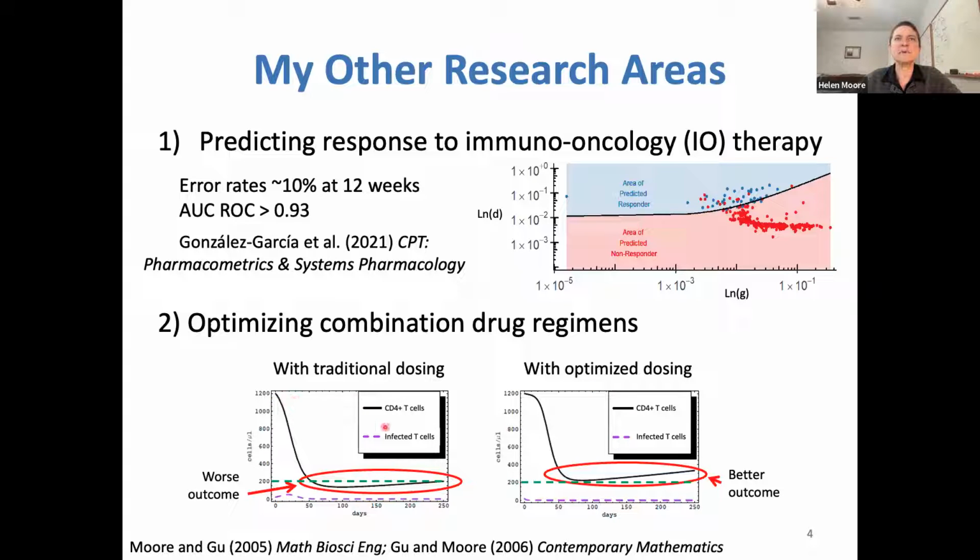In this case, the black curve is the good guys. These are the CD4 positive T cells, and they're healthy. And then the purple is the bad guys. They're controlled in both cases, but there's a significant difference in the outcomes for the good guys, these cells, keeping them out of this dangerous regime for the patient and ending up with about 70% higher value. So just with a change in schedule, we can achieve that. And that's not the best that we can do.